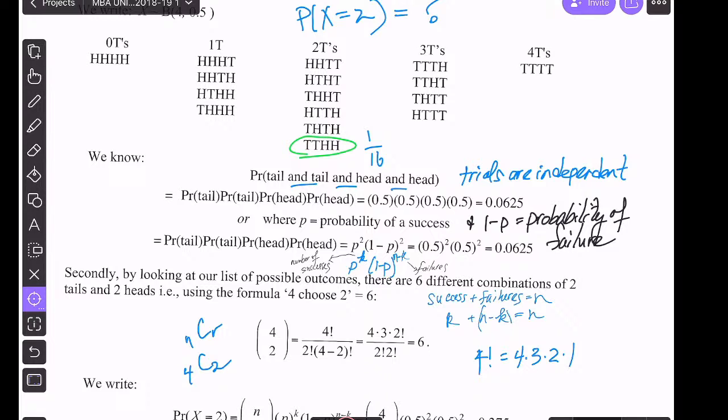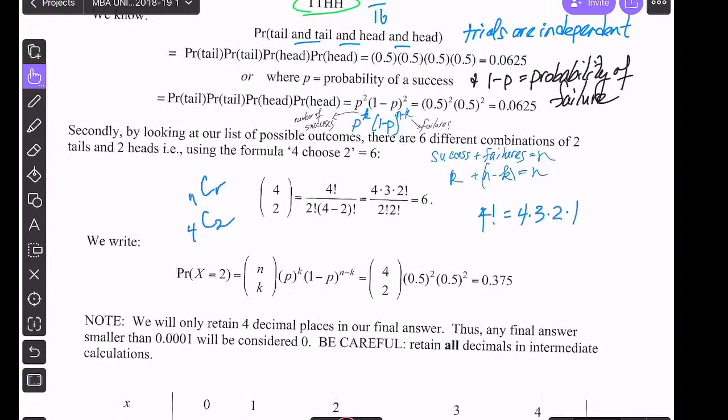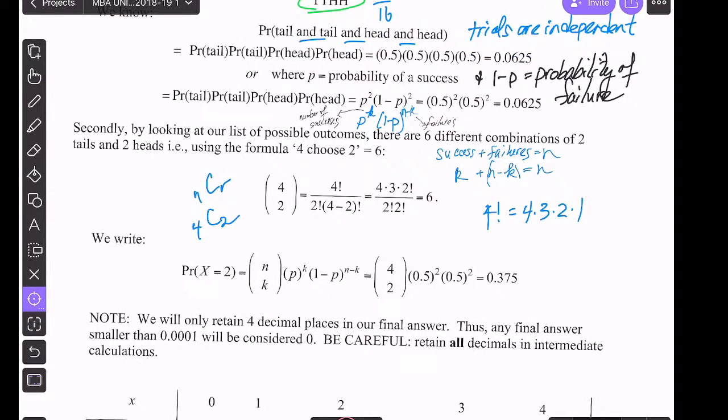But there's 6 ways of seeing 2 successes in 4 tries. So that's how I get the number in front. So that's the formula. The formula is this: the successes times the failures, and then the arrangements for k successes out of n trials. That's the formula, and that's just for n = 4, x = 2.